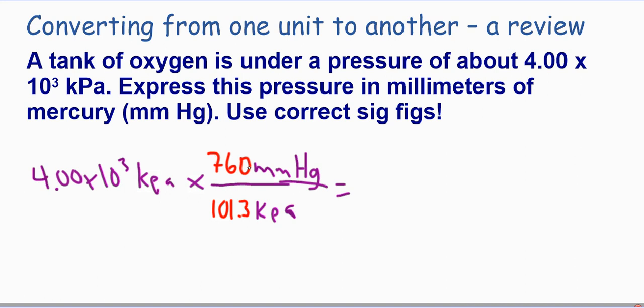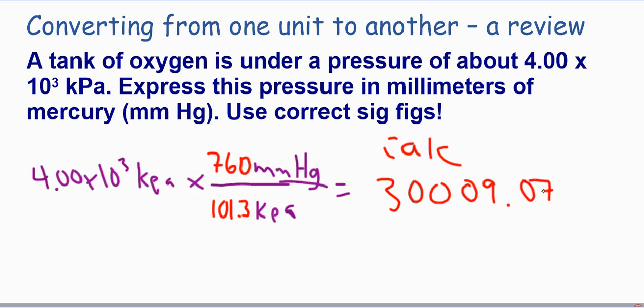And if you do this, your calculator will display 30,009.07... Now we're only going to get 3 sig figs. So how do you round 30,009 to 3? Because you can only write 30,000 in standard form with 1 sig fig or 5.